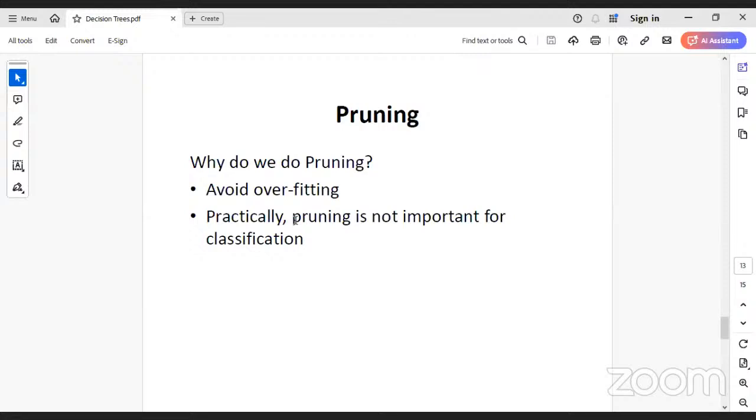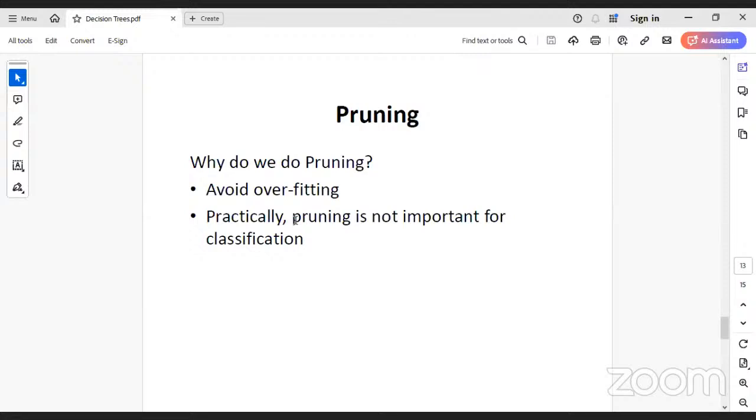When you have your train data and your algorithm or your model learns too much of your train data, record to record, column to column, each and every value, it is learning. But suddenly, if you give new data, which is called test data, which is different when compared to your train data, then the model commits a mistake.